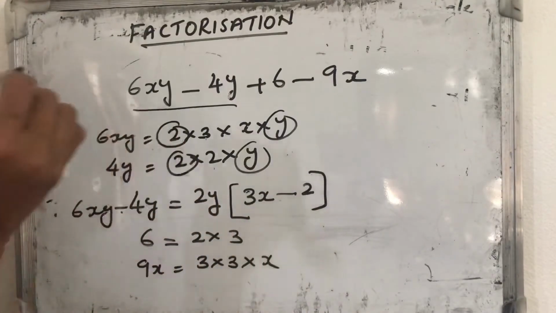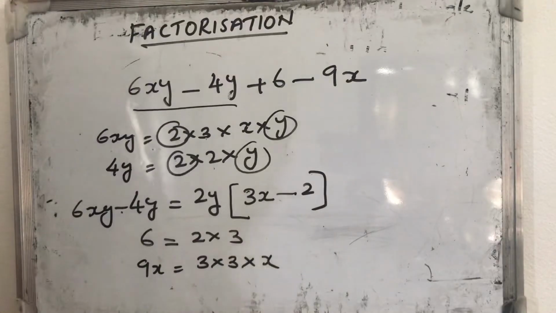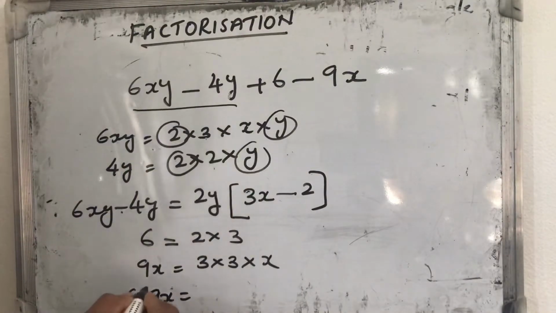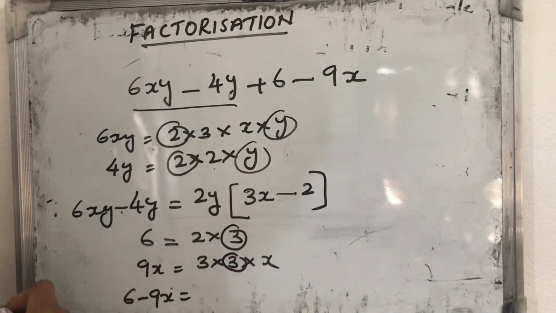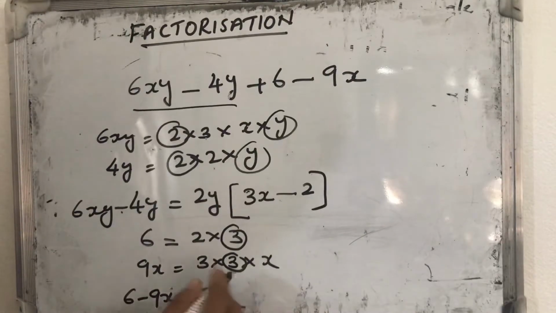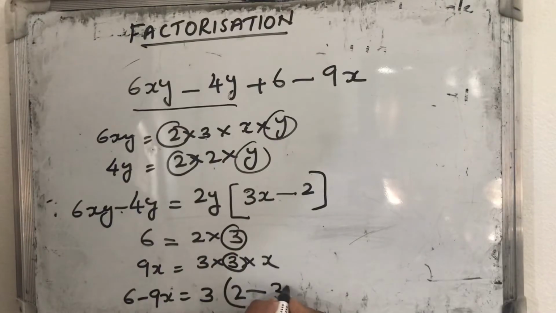So 6 minus 9x we can write with the common factor 3. When we take 3 outside, what is remaining in the first term? 2. Then minus, in the second term remaining 3x.